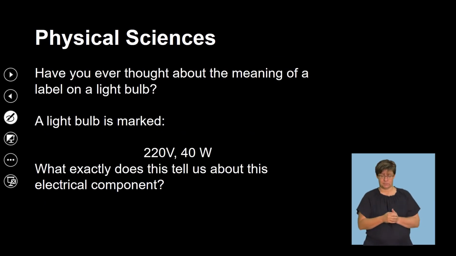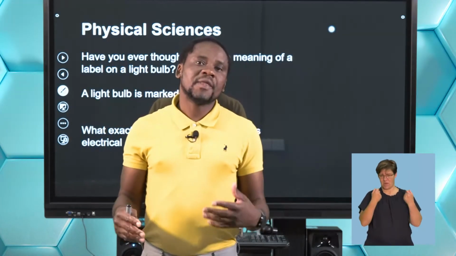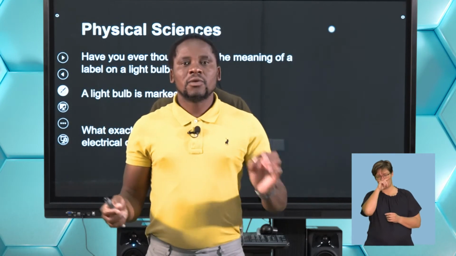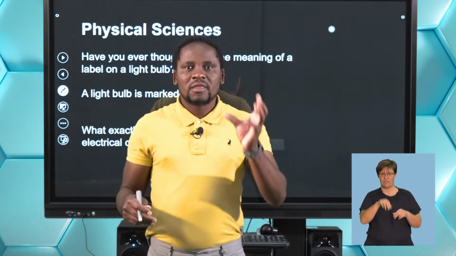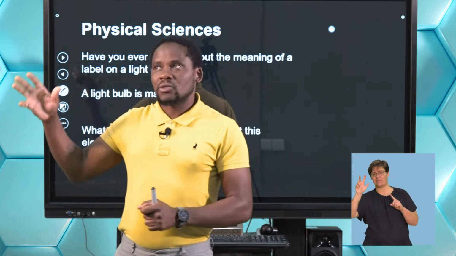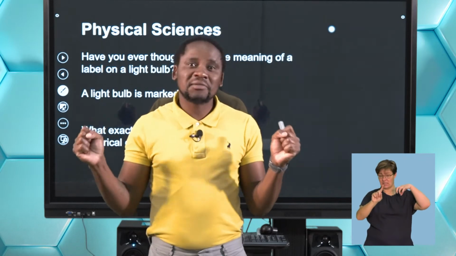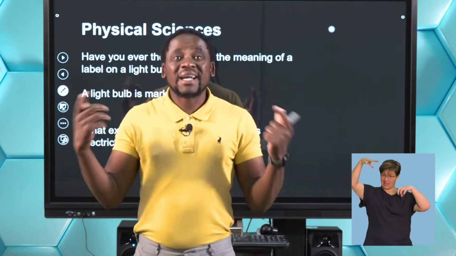Now, have you ever thought about the meaning on the labels of light bulbs? These are everyday life observations that we make, which relate to power in more ways than one. You walk into a room that has a 60-watt bulb versus a room which has an 80-watt bulb on. The obvious difference that you'll notice is the brightness.